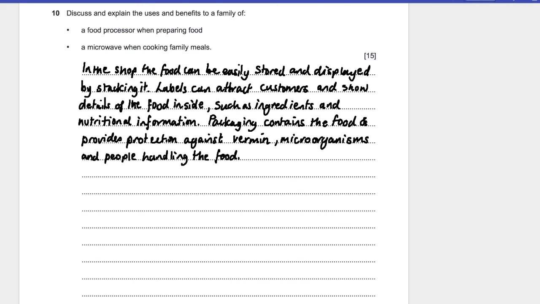The packaging also provides a barrier against oxygen and water vapor, so it will reduce the food spoilage and stop fats going rancid and potential contamination.